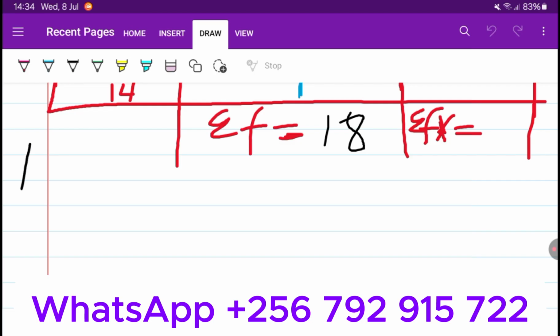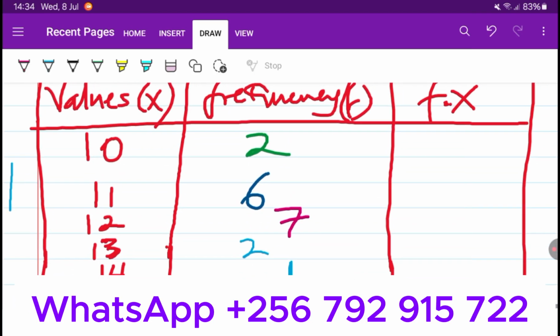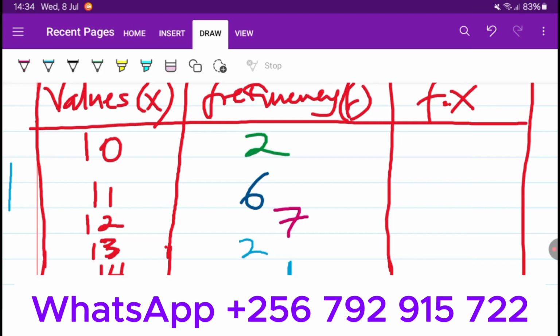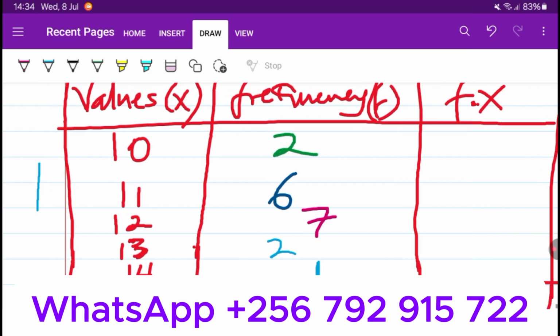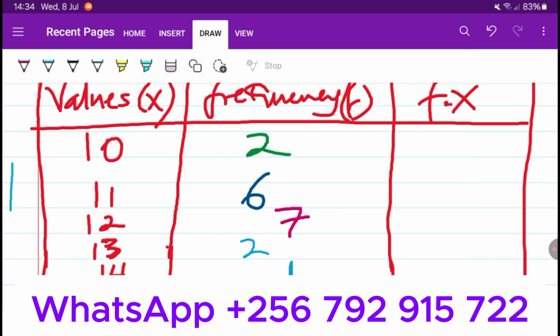Then now we go on the side of getting the fx. We get the frequency times the values. So we get 10 times 2, that gives you 20.